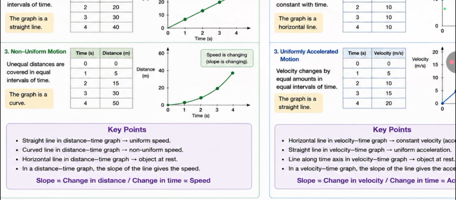A curved line indicates non-uniform speed. A horizontal line indicates the object at rest. In a distance time graph, the slope of the line gives the speed. Slope is equal to change in distance by change in time, which equals speed.